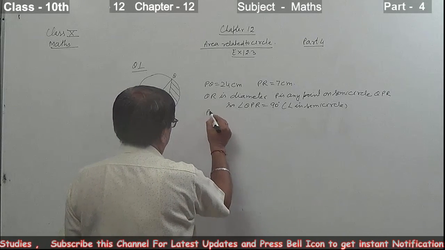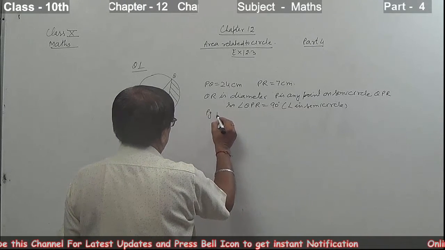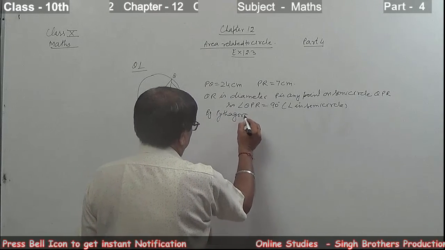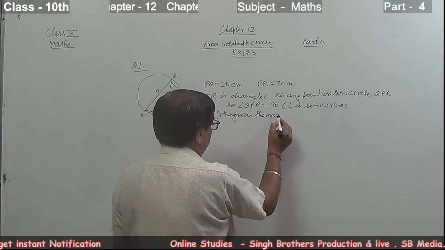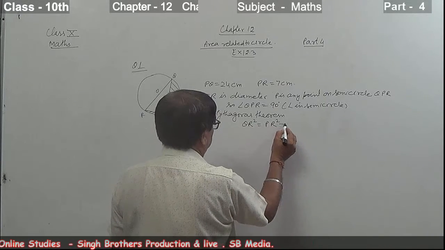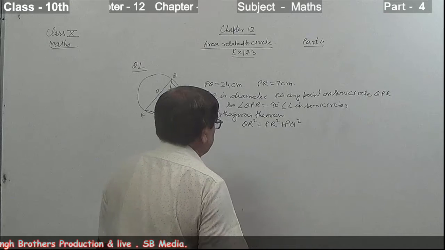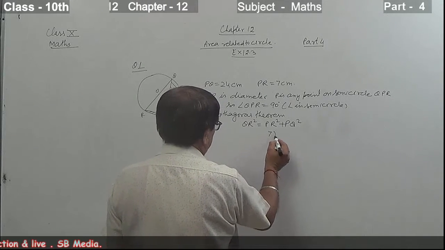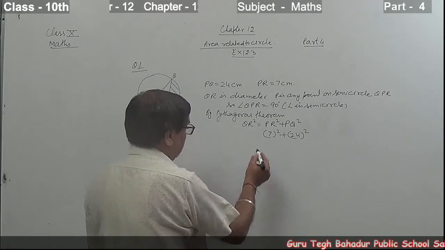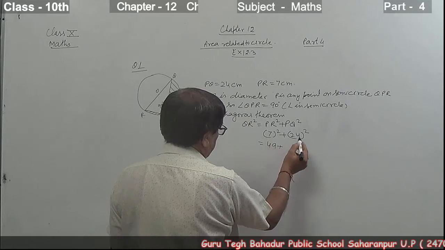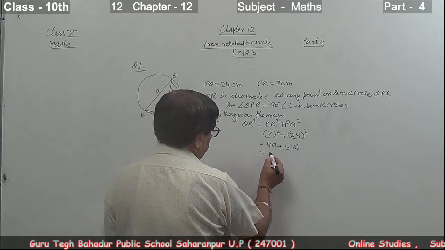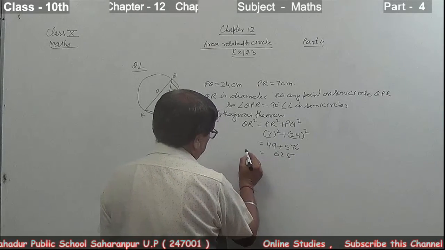Therefore, by Pythagoras theorem, QR square is equal to PR square plus PQ square. PR is 7, PQ is 24. 7 square is 49, 24 square is 576. So it becomes 625.